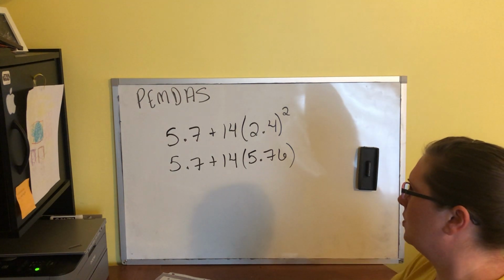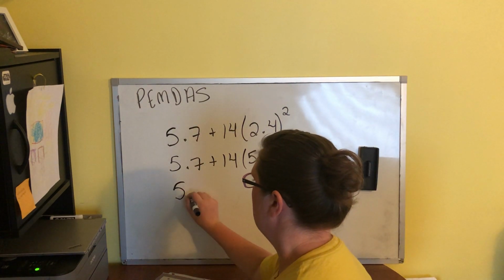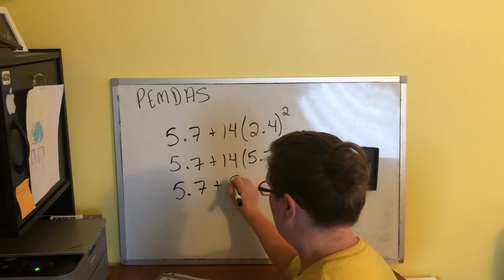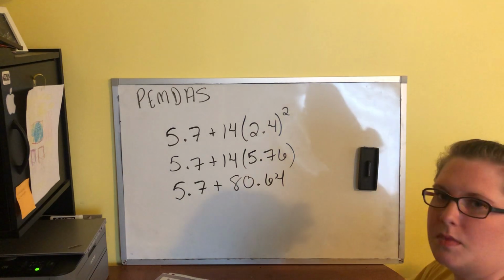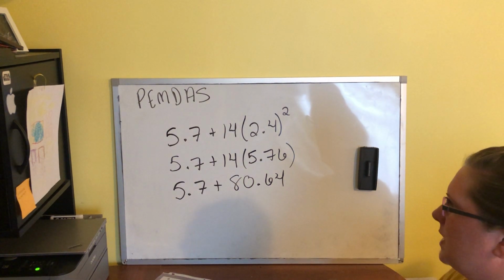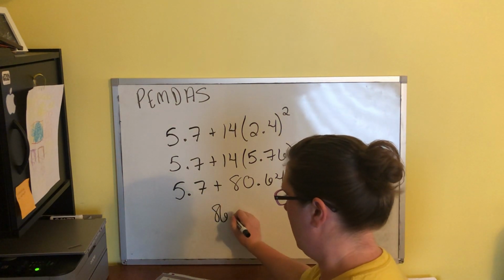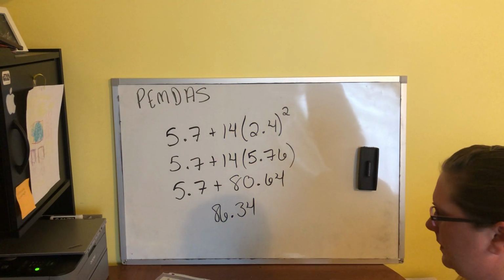Well, there's multiplication going on, so I'm going to do 14 times 5.76. So I have 5.7 plus 14 times 5.76 is 80.64. Okay, now that we handled multiplication, there was no division. We're going to look to add and subtract. There's addition, so we're going to go ahead and add for a total of 86.34.